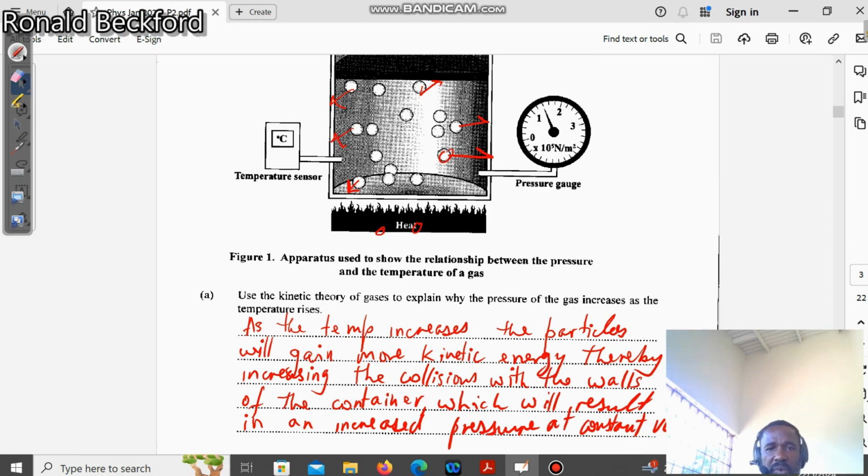It means that as you increase the temperature, the gas particles will gain energy, thereby increasing the collisions with the walls of the container and thereby increasing the pressure. And basically that's the concept involved here.